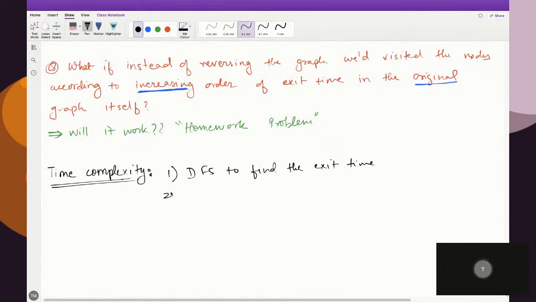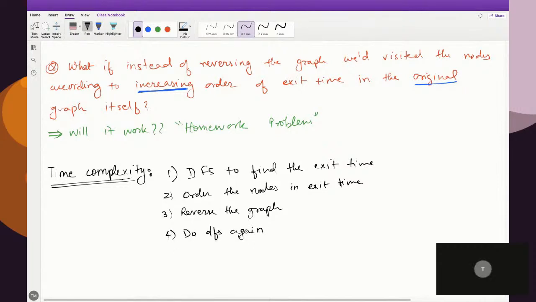The next step is to order the nodes by exit time. The third thing is to reverse the graph. The fourth thing is to do DFS again. What is the time complexity of each of these steps?